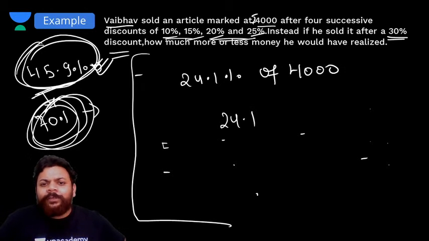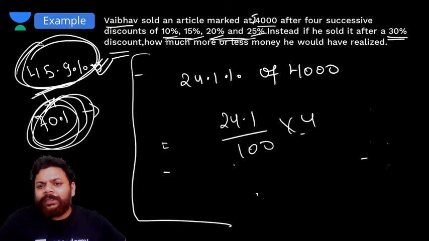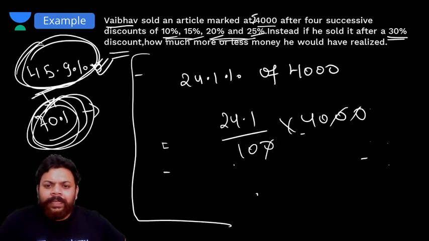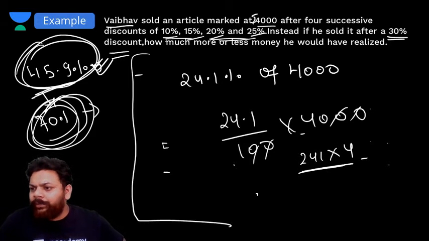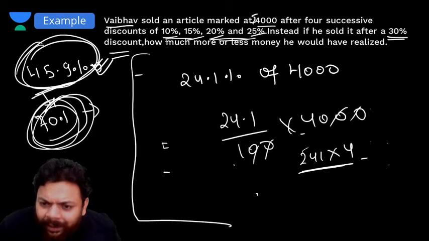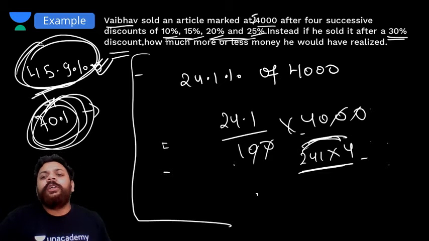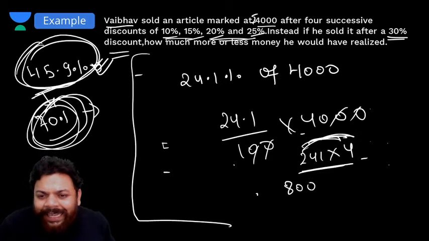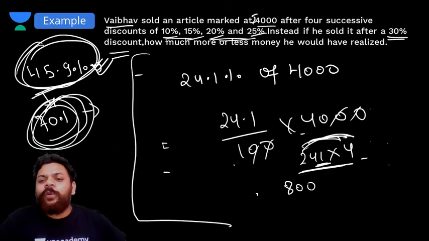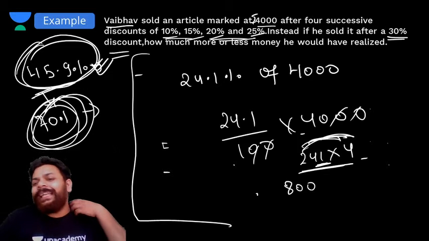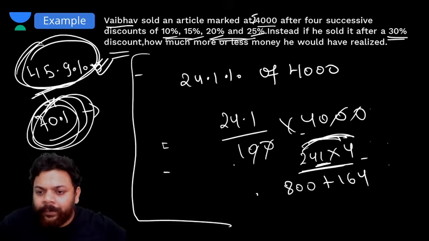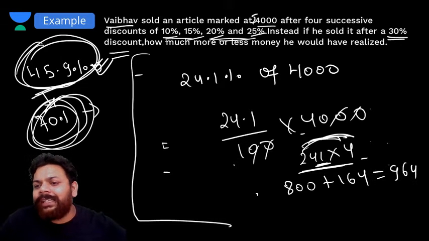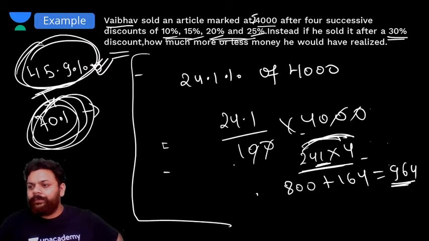And 24.1% of 4,000 is going to be, can I write this one as 241 multiplied with 4? So 200 into 4 is going to be 800. 41 into 4 is, since 40 into 4 is 160, so 41 into 4 is 164, and that is how I'll get my answer as 964.